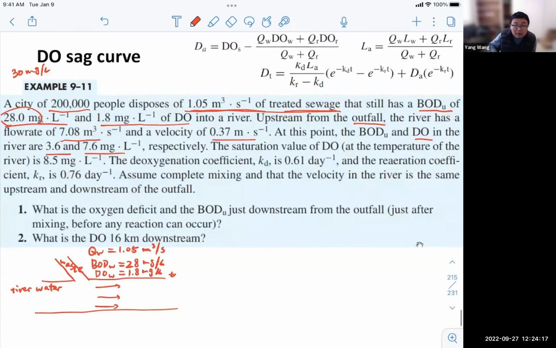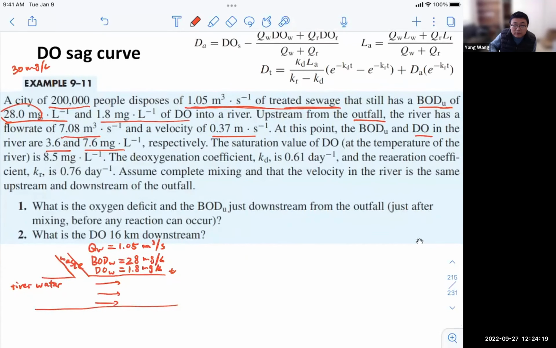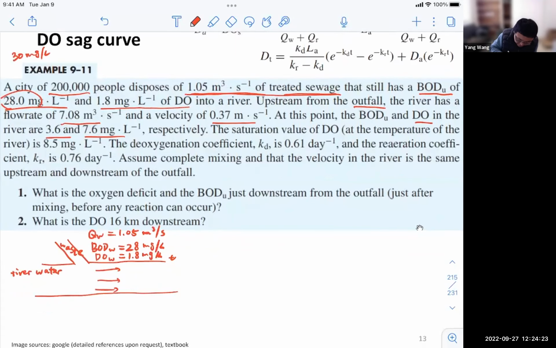Then at the same time, it's giving you the properties of the river. It's giving you the flow rate, this 7.08, the river flow rate. So you have Q R equals 7.08 meter cubed per second. And then it gives you the BOD of the river water.